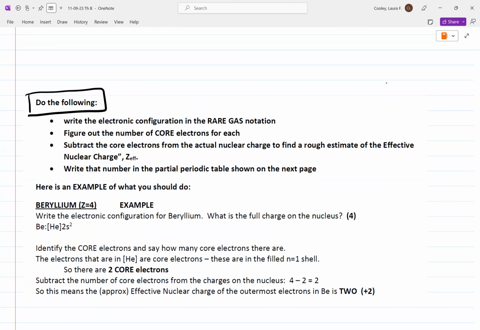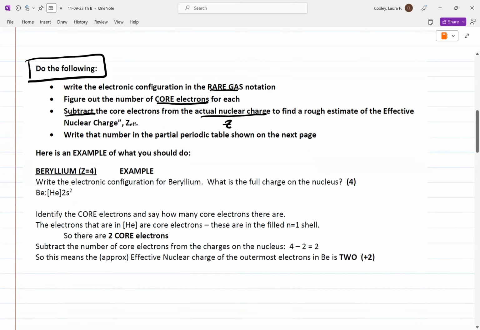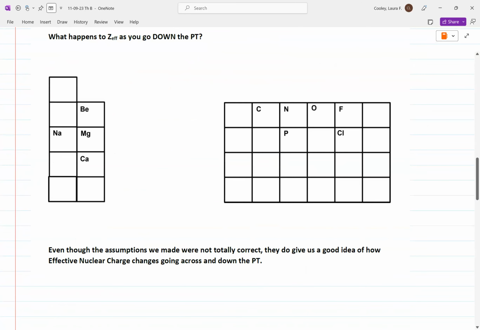So we will write the electron configuration using the rare gas notation. We'll figure out the number of core electrons, which will be equal to the number of electrons in that rare gas part of the electron configuration. We will subtract that from the Z value, the actual nuclear charge, and find a rough estimate of the effective nuclear charge. And then I have a little mini periodic table here where we're just going to write these values in. Now, we already did calcium and we found that it was 2.